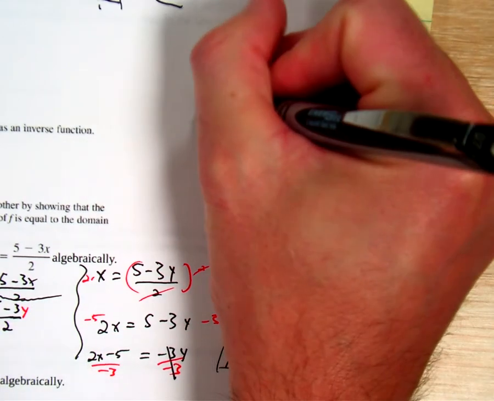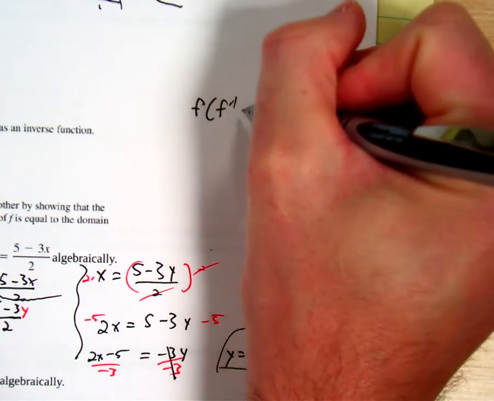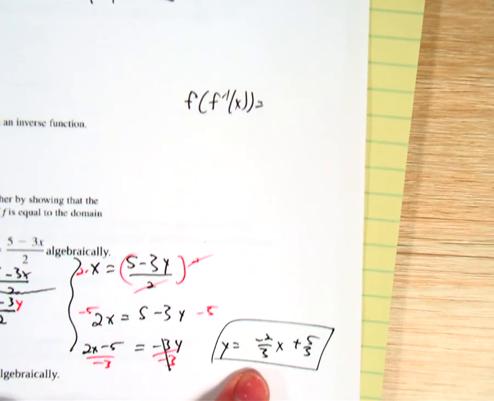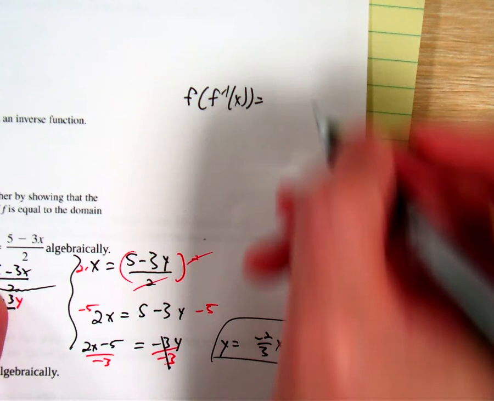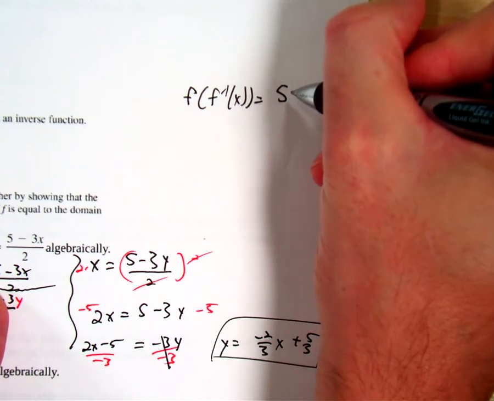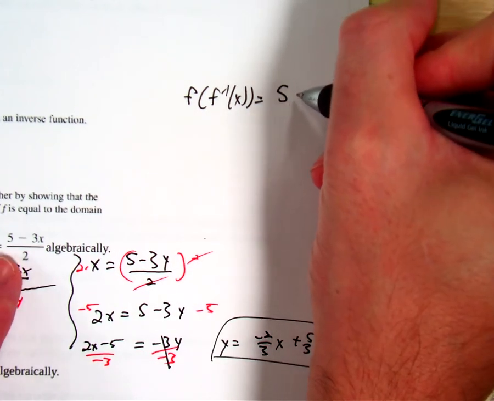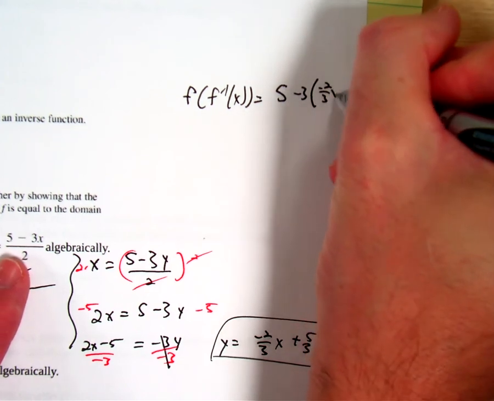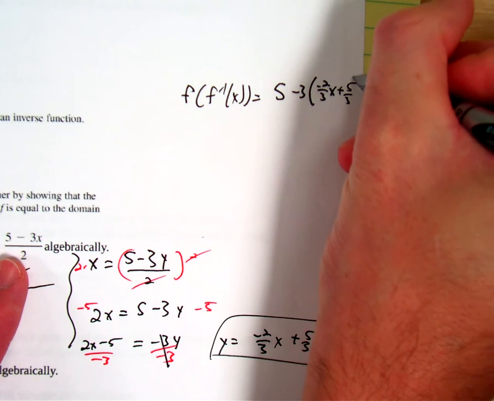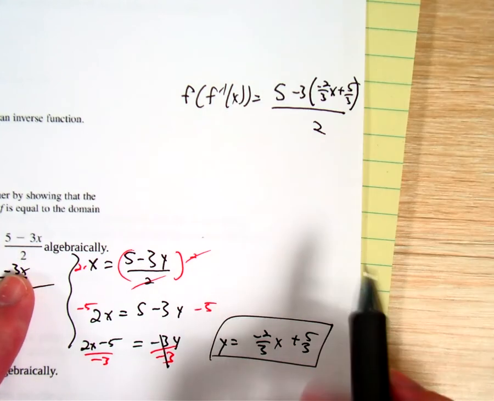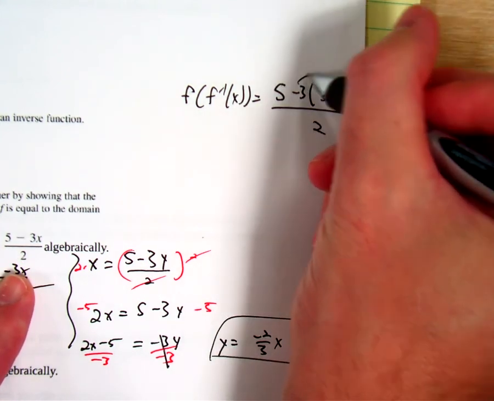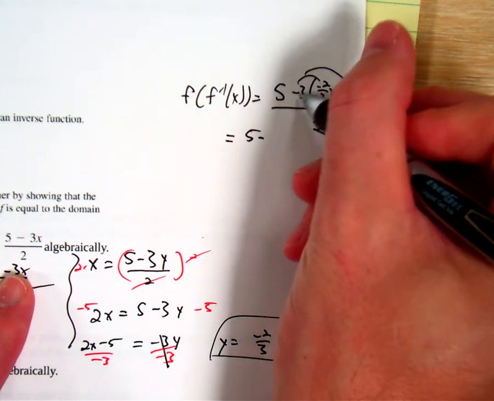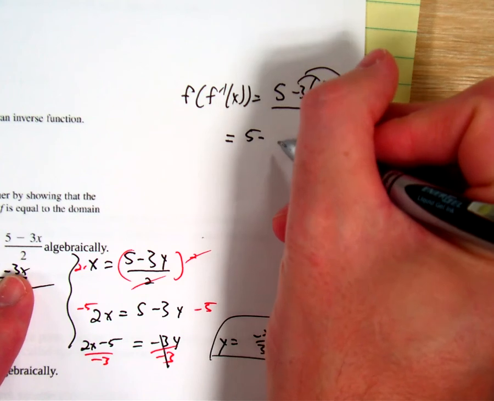So f of f inverse. So f inverse is this. So all of this goes in place of the x in the other one. So 5 minus 3 times all of that, negative 2/3 x plus 5/3, divide by 2. So negative 3 into both of those. The 3's cancel out, make this a positive 2x.